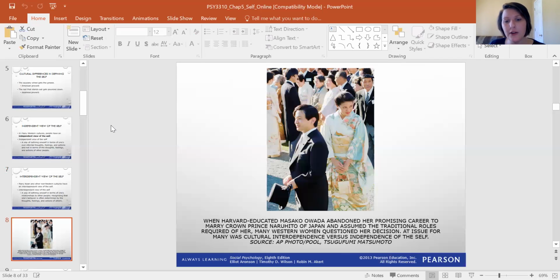And so there was a lot of anger from some people about why she would do this. And it turns out that falling back into this traditional role did not suit her very well. She ended up being very reclusive. She was not adjusting well to that traditional role.